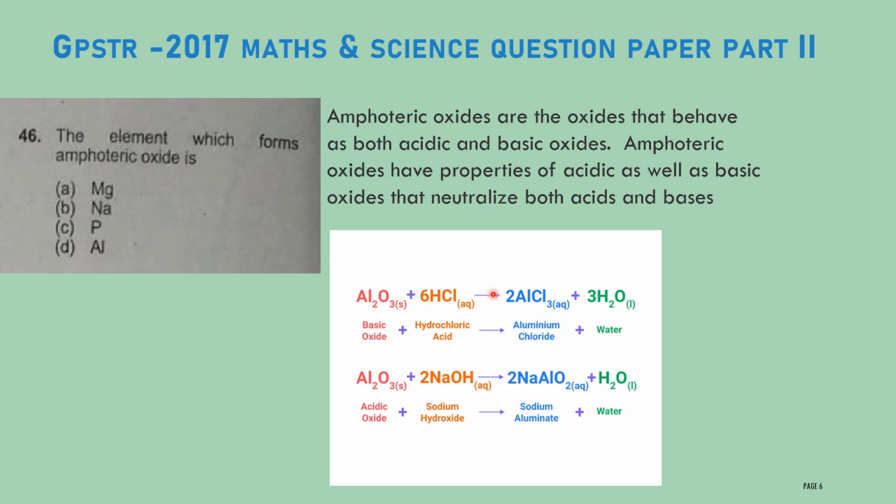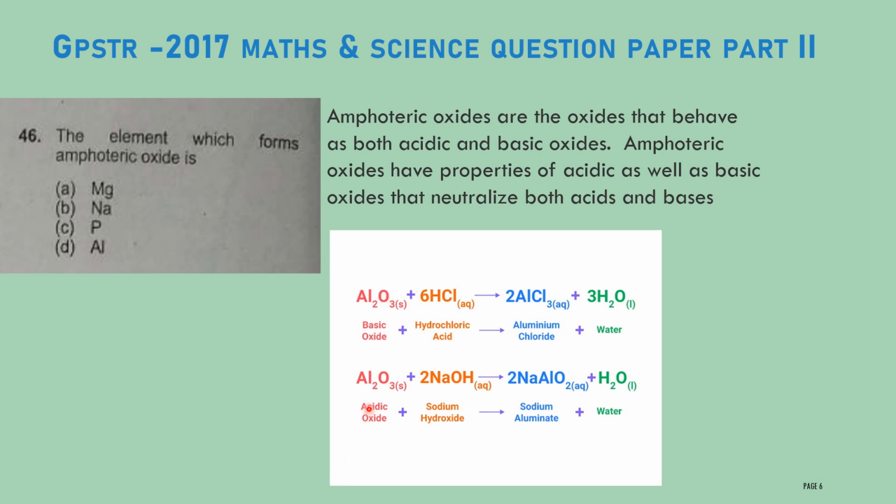Neutralization reaction is nothing but acid reacting with base, giving salt and water. Here the basic oxide, aluminium oxide, behaves as a base, reacts with hydrochloric acid, which is an acid, and both combine to form aluminium chloride, which is a salt, and also water. So in the first case aluminium oxide behaves as a base.